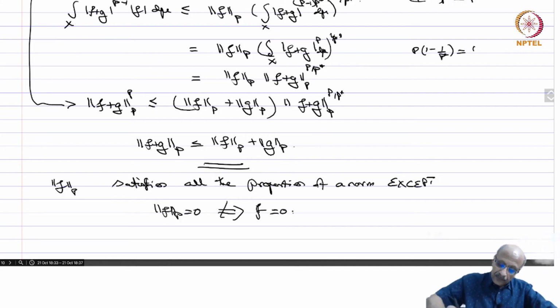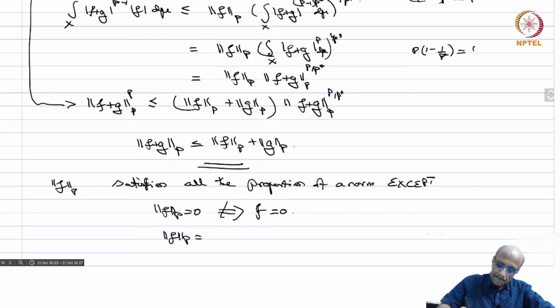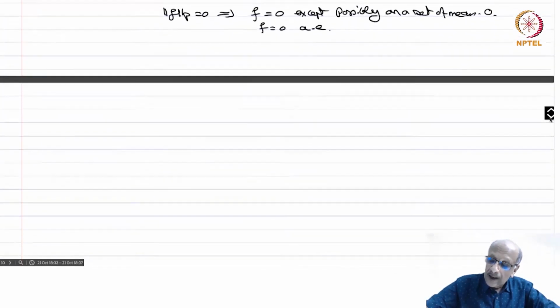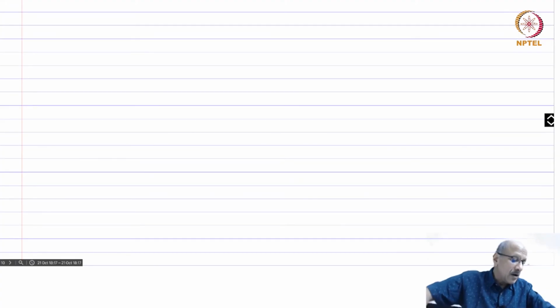It only implies that f is 0 except possibly on a set of measure 0. That is, we say f equals 0 almost everywhere, meaning the result is true except on a set of measure 0. So you do not have a norm here.